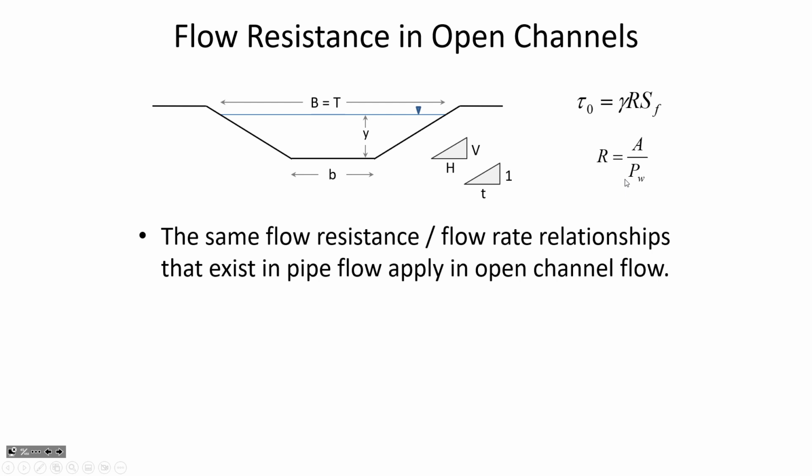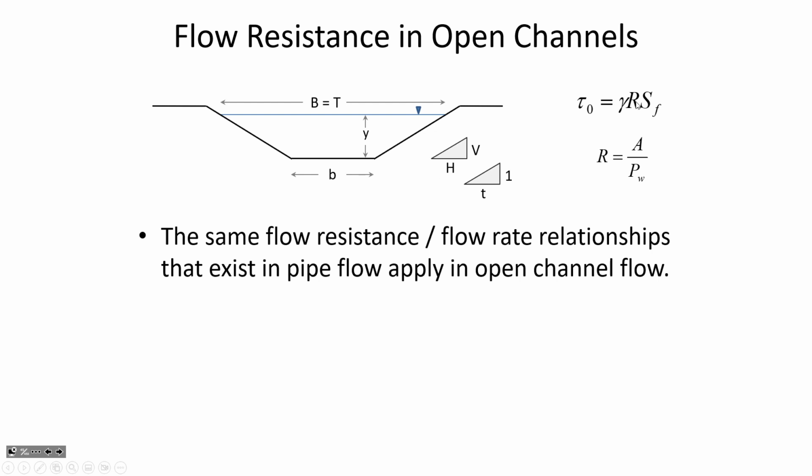The wetted perimeter is only where the water is in contact. So it would be the sides and the bottom, but not the top. The top is not included in the wetted perimeter because water is in contact with air, which provides only a little bit of resistance, much less than the resistance that's applied to the fluid by the channel itself. So wetted perimeter only includes the side slopes and the bottom.